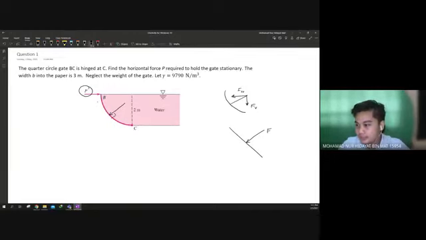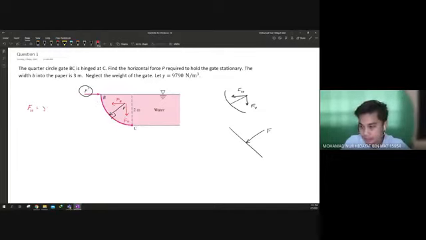And let's say this is F. And we need to separate into FH and FV. Okay, so far you guys understand, yeah? So how to calculate the FH? What's the formula of FH?